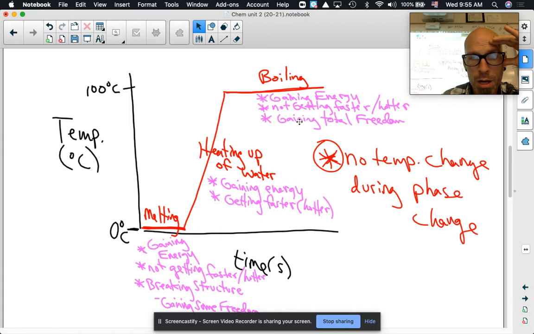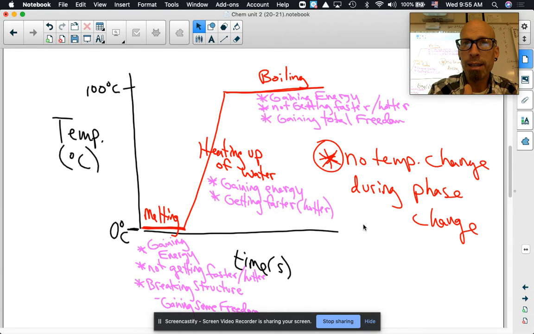All right? So I hope you're seeing here, as the time went on, there's never a time on this graph where the particles aren't gaining energy. In other words, they're always gaining energy during the process of ice melting, water heating, and then water boiling.